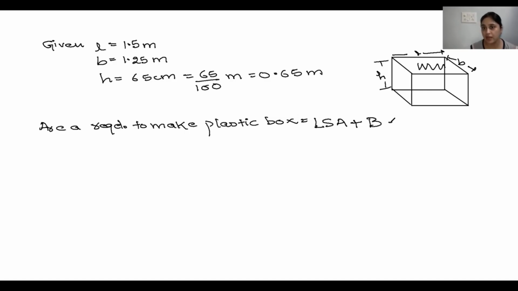So what we are having is only base area.